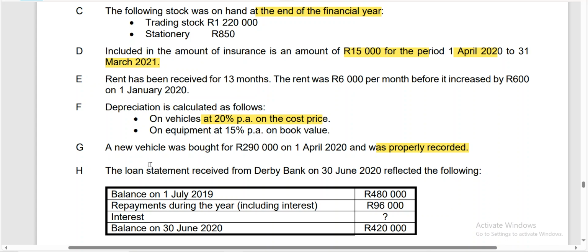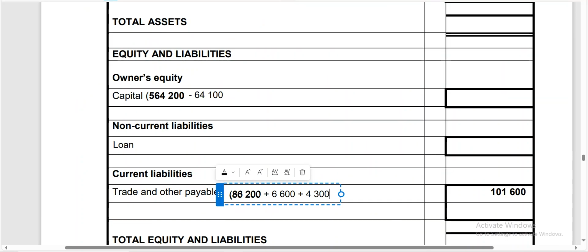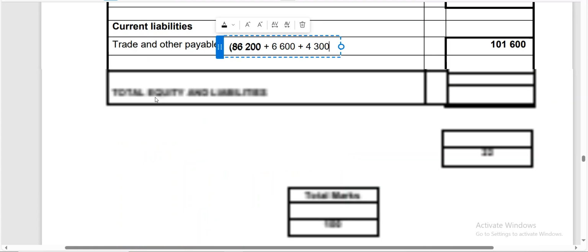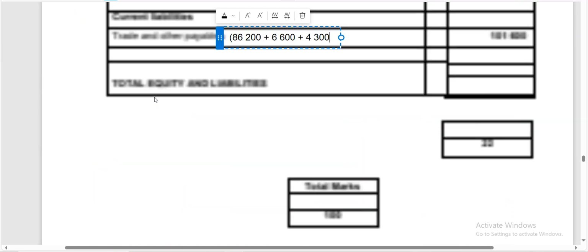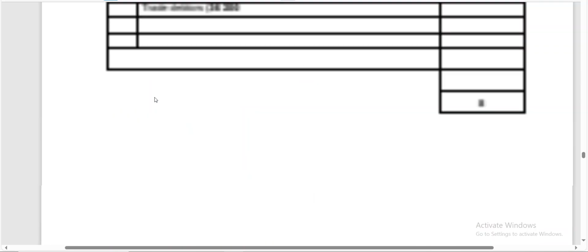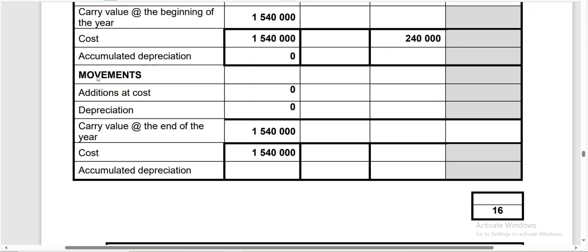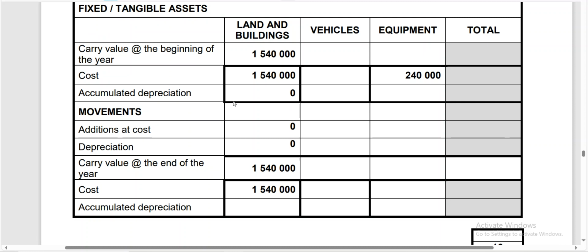So to save time, the first thing, remember, the vehicle is calculated 20% per annum on the cost price. To save time, I'm going to go to my fixed asset note. So this is the fixed asset note that we would have. Remember, they said here nothing will change, so we don't have to record anything here. So under vehicles, they said they bought a new vehicle for 290,000. So this is how you start any marks.